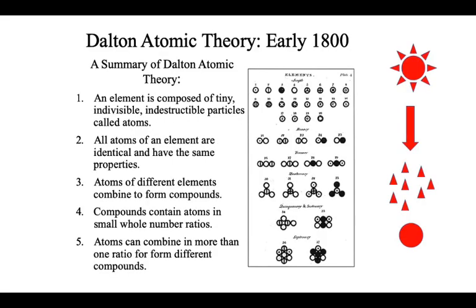Dalton comes along, adds to this, and we get Dalton's theories. We have 5 theories, right? 2 of those were false. The first one says an element is composed of tiny, indivisible, indestructible particles. For the record, there is a D in indivisible. Just so you know.